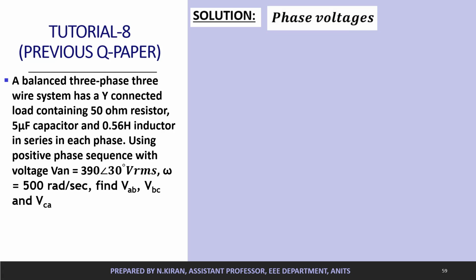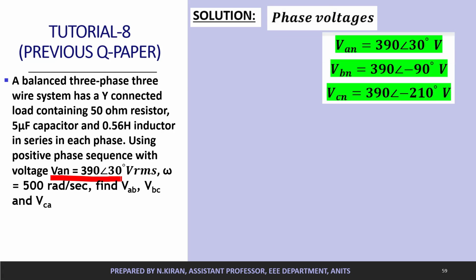So after finding Z phase, let's calculate the phase voltage. Already VAN phase voltage is given as 390 at an angle of 30 degrees. Since in a balanced three-phase circuit all phase voltages are equally displaced by 120 degrees, VAN has the angle of 30 degrees, so VBN, lagging by 120 degrees, will have minus 90 degrees.